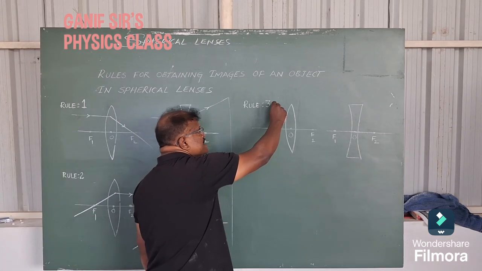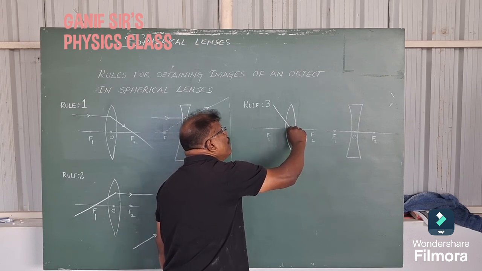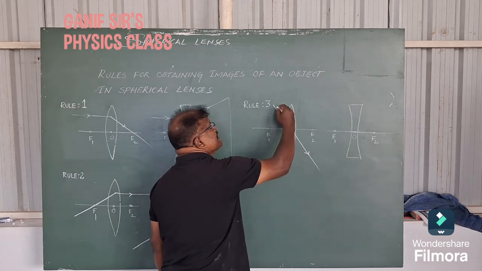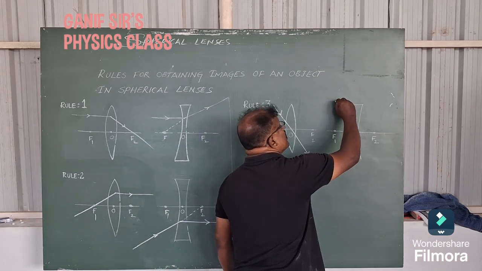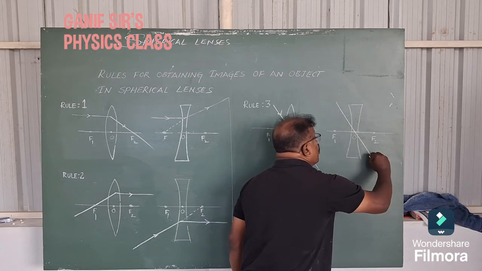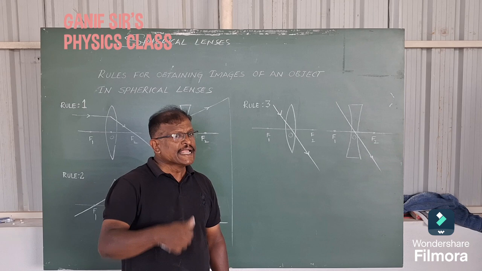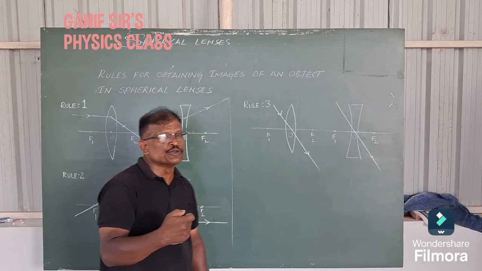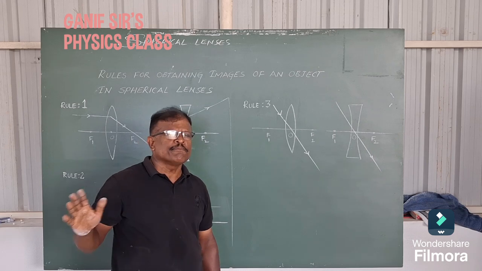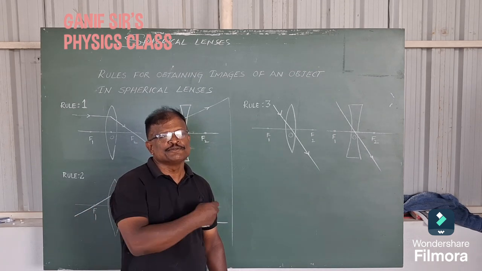The third rule states that whenever a ray passes through optic center, it moves undeviated, either in case of convex lens or concave lens. Dear students, get thorough with these rules, then you will be able to draw any type of ray diagrams using the spherical lenses.